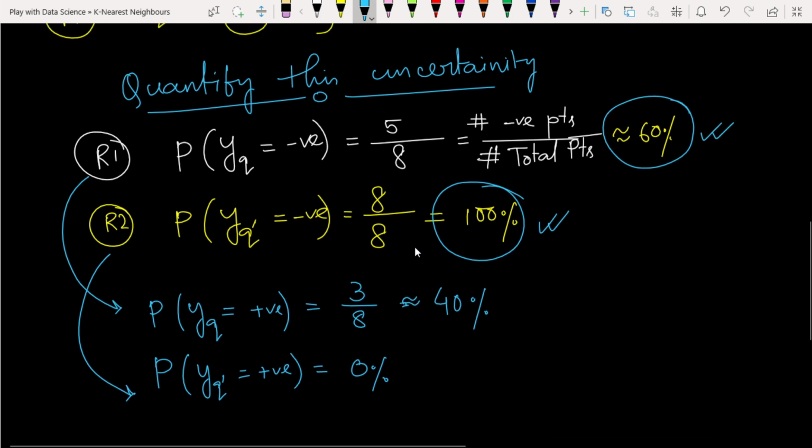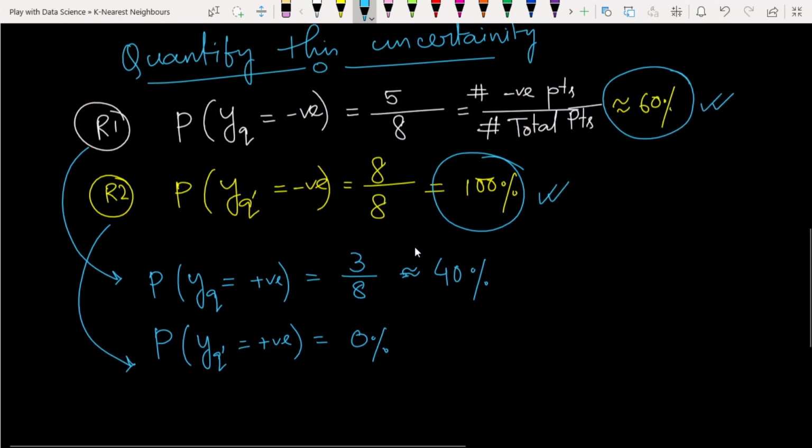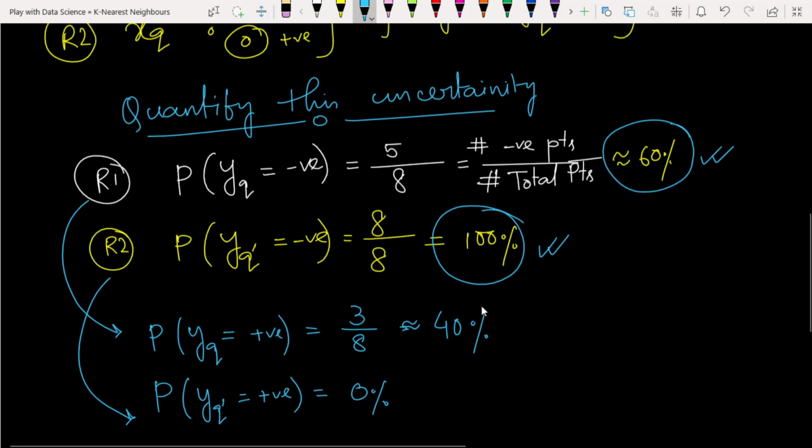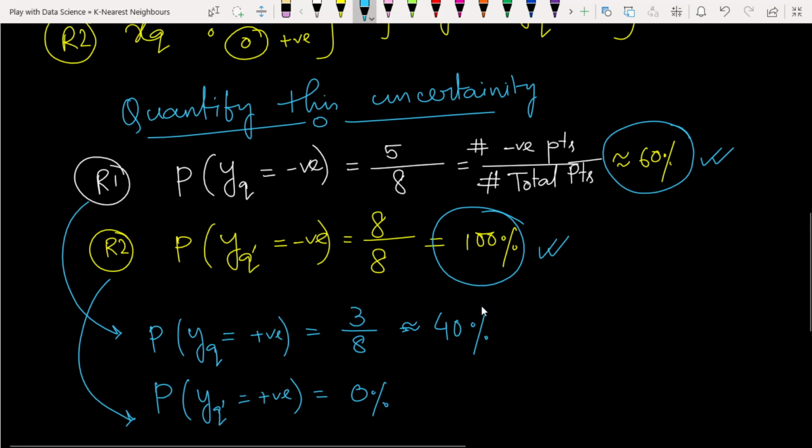So in probabilistic class labels, we have to quantify our degree of certainty. We are not just saying this point will be this class or that class; we also give some degree of confidence about how certain we are of our class labels.